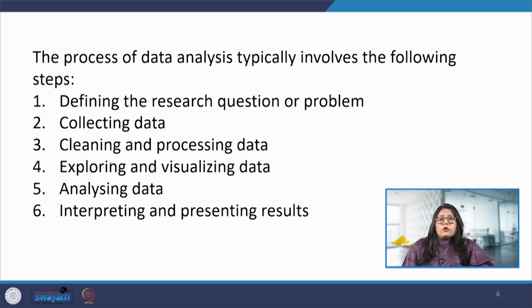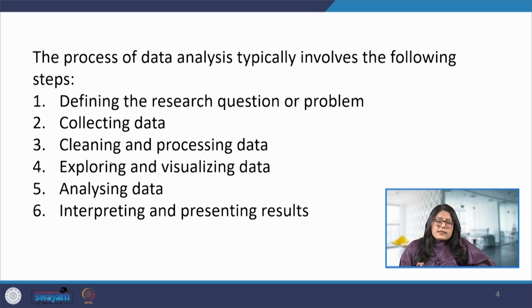Here we use statistical methods and techniques to test the hypothesis and draw conclusions from the data gathered. The final step is interpreting and presenting the results. This step involves summarizing and communicating the findings of the analysis in a clear and concise manner. And for this, charts, tables or graphs can be used for representing it.